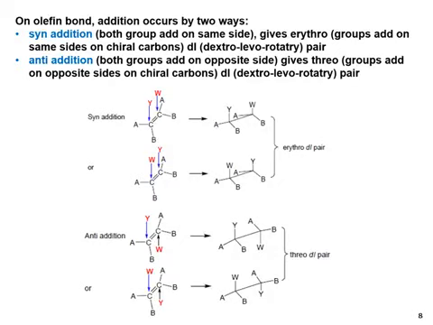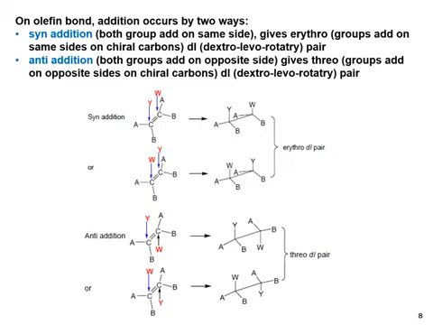On an olefinic bond, addition occurs in two ways. The groups add on the double bond in two fashions. The first one is syn addition, meaning both incoming groups add on the double bond on the same side.